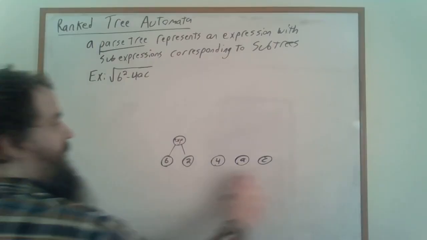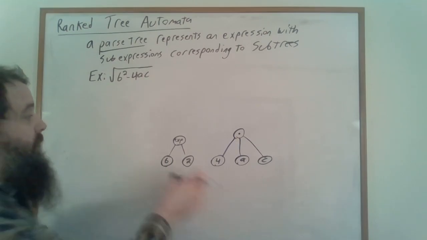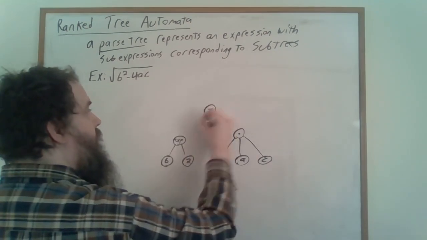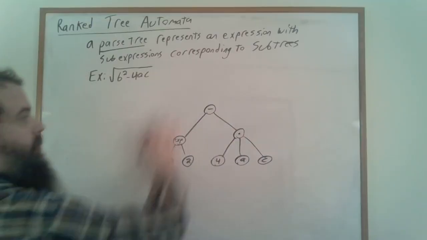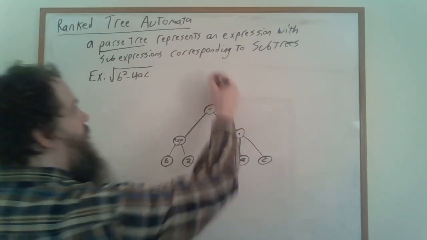The 4a and c are combined by multiplication. And then we combine these two sub-expressions via subtraction. And finally, we apply the square root operator to this entire expression.